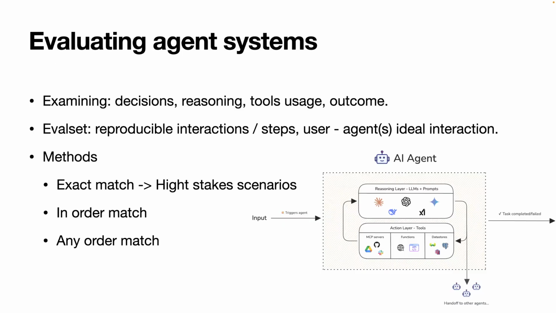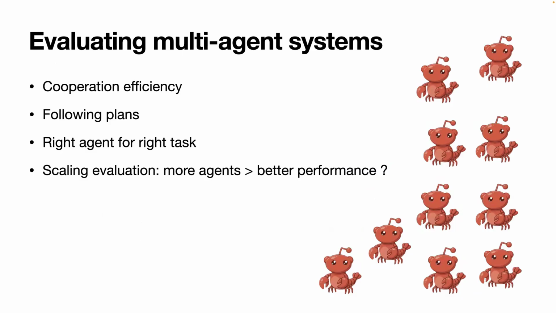There are different ways this evaluation and matching works. For high-stakes scenarios, you probably would like to have an exact match, but for some simple chatbots, any-order match will probably be fine. And again, if you have multi-agent systems, it's an additional layer of tests and metrics, because you would like to know how efficiently they cooperate together.